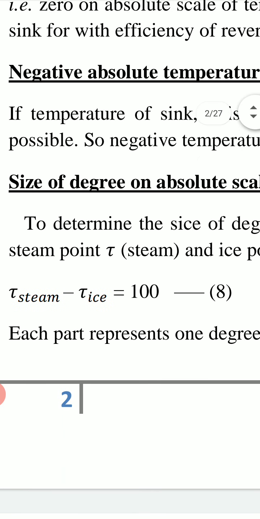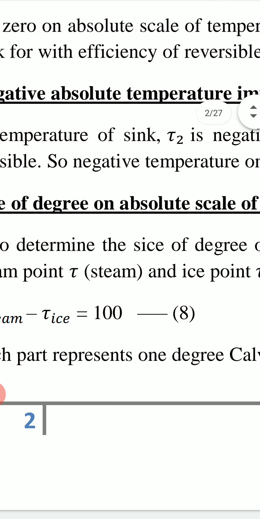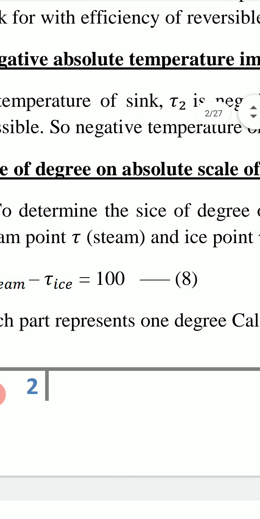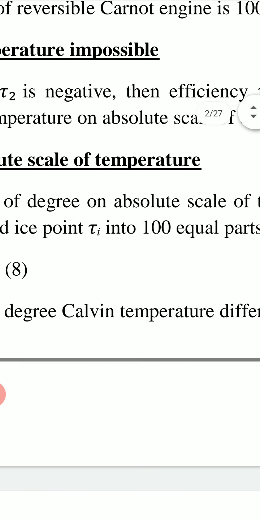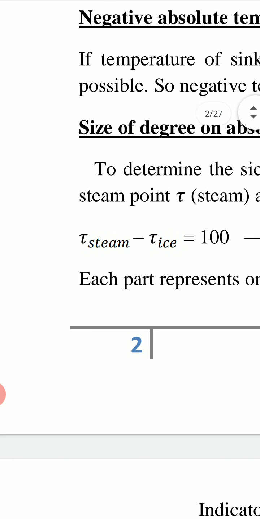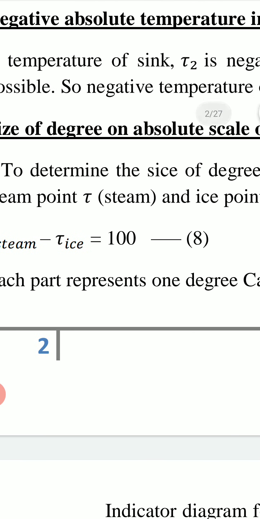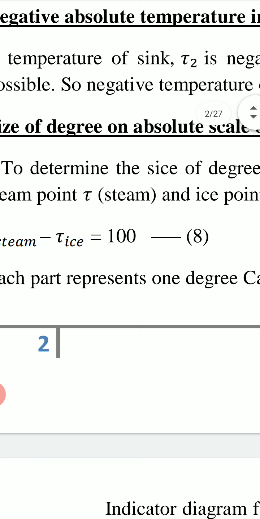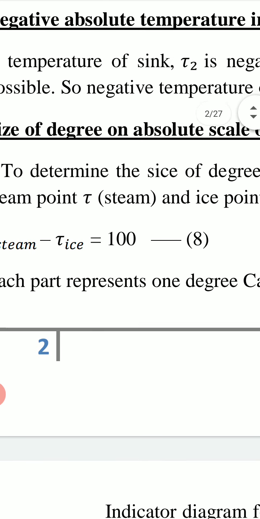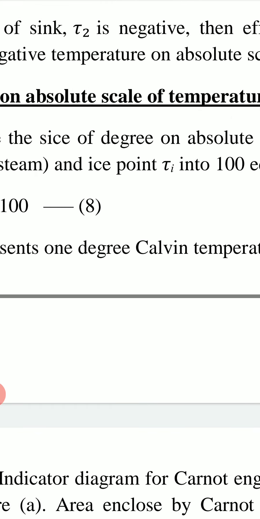Now we define the size of a degree on the absolute scale of temperature. To determine the size of a degree on the absolute scale, we divide the interval between the steam point and ice point. We write the steam point, which is the temperature of steam, as tau steam, and the ice point, which is the temperature of ice, as tau ice.